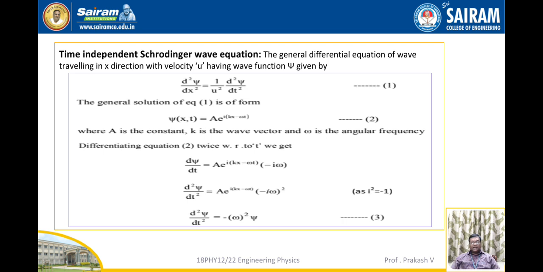Differentiating again with respect to time t, we get d square psi by dt square is equal to A into e to the power of i into (kx minus omega t) into (minus i omega) whole square. But i square is equal to minus 1. Then the above equation can be written as d square psi by dt square is equal to minus omega square into psi. Consider that as equation number 3.